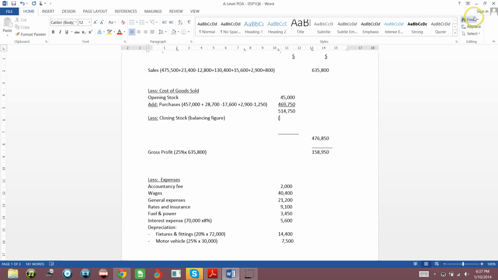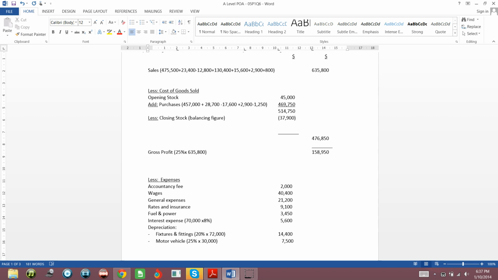This X figure you put to the other side of the equation, it will be positive, and this 476,850 you bring to this side of the equation, it will be minus. Then minus 476,850. That will be 37,900. So my closing stock is 37,900. Do you get 37,900?